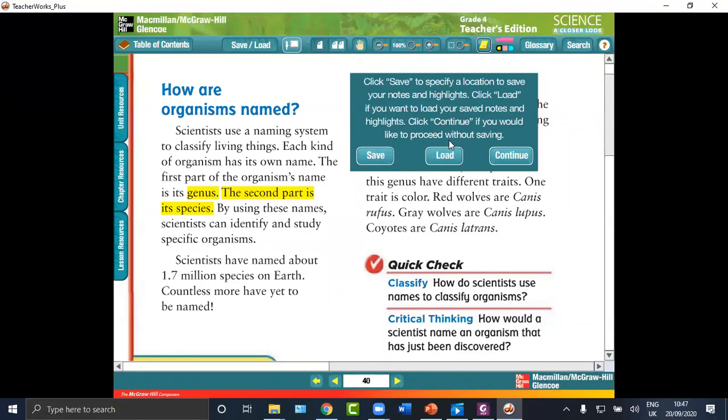One trait is color. Red wolves are Canis rufus. Gray wolves are Canis lupus, and coyotes are Canis latrans. I finished. Okay, thank you, Yusuf.